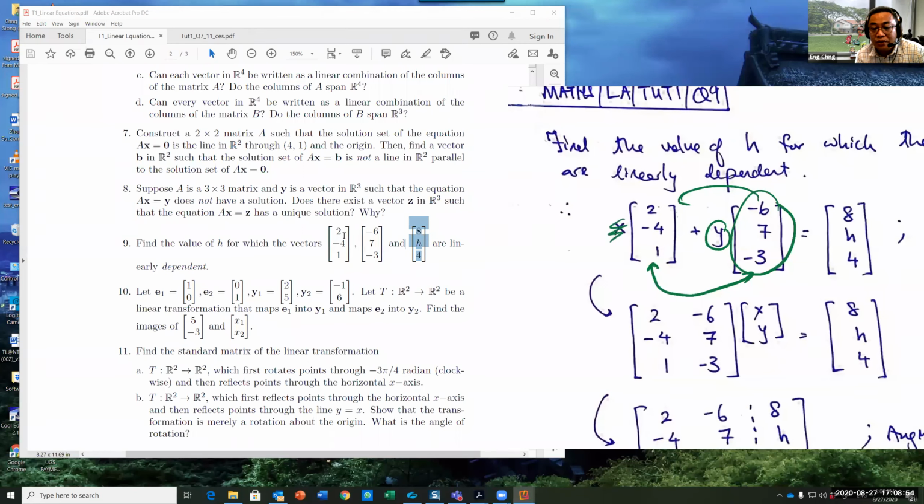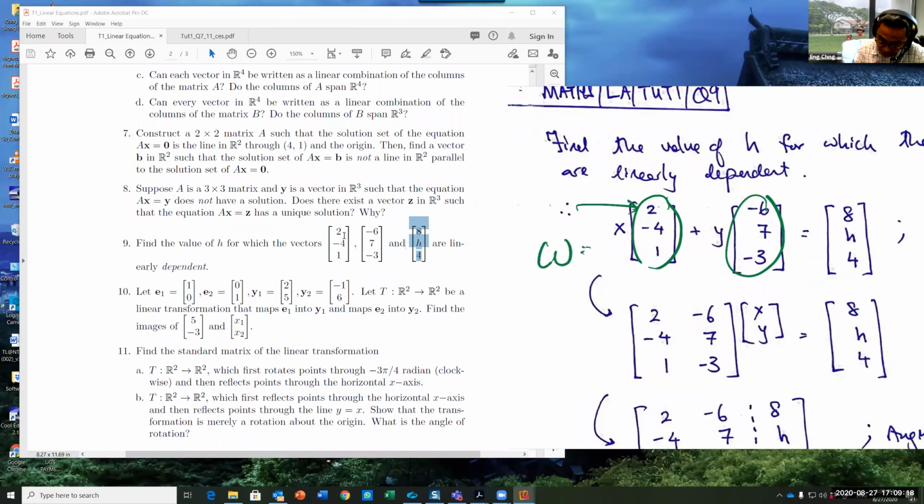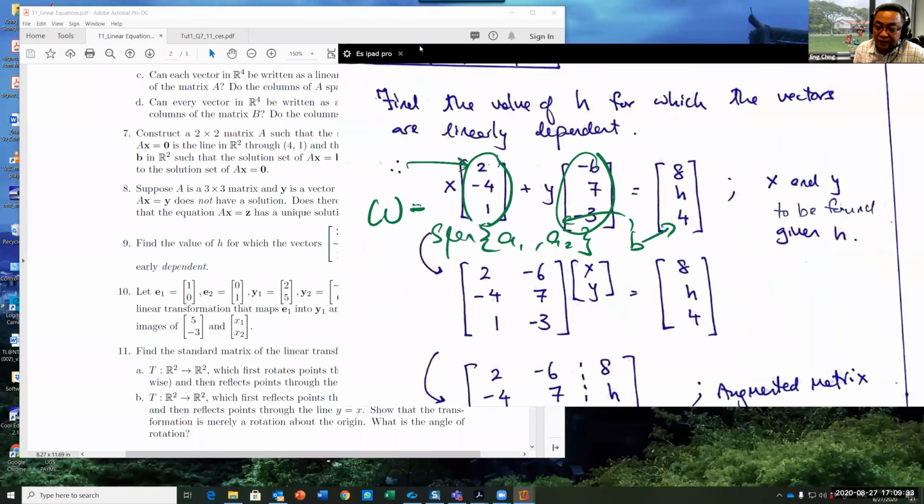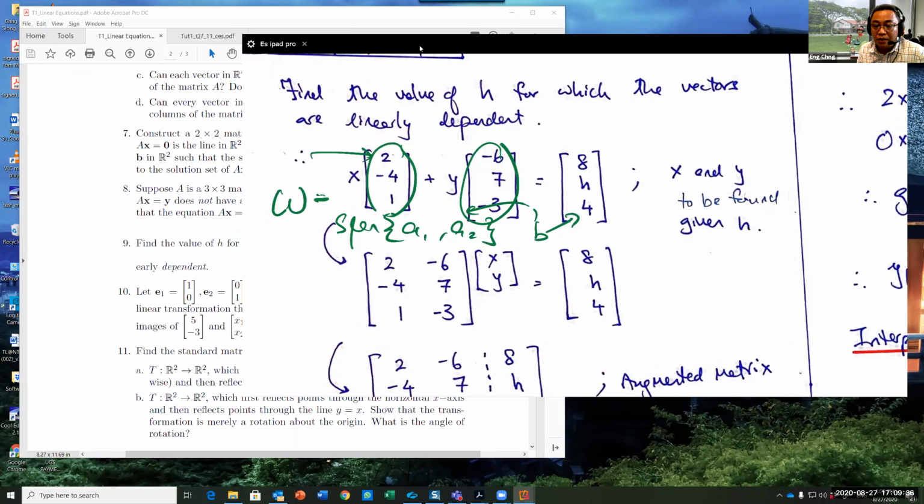So the typical questions for this kind of theory is, I give you vectors, ask you to find W, which is the span of the vectors given to you. And then I give you another vector called B, and then I ask you whether B is in the span of the given vectors. That's the typical problem we want you to solve.